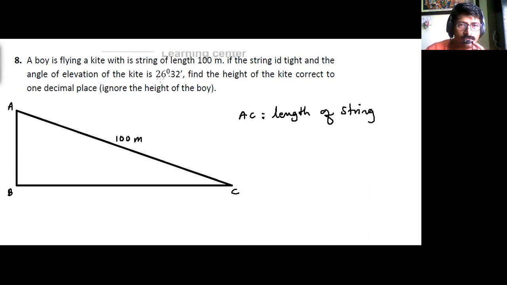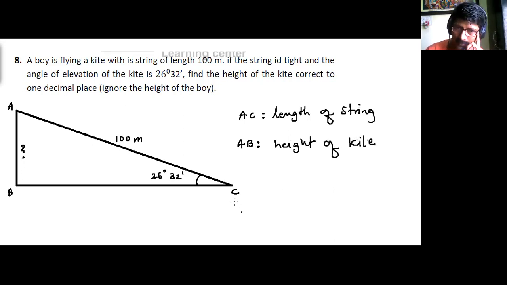And the angle of elevation is 26 degree and 32 minutes. So over here it forms 26 degree and 32 minutes. Find the height of the kite correct to one decimal place. So we're supposed to find this height. Height of the kite is AB.